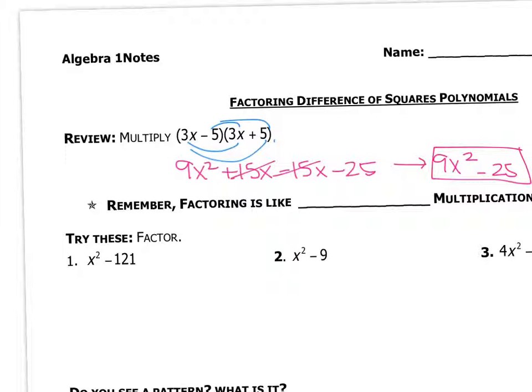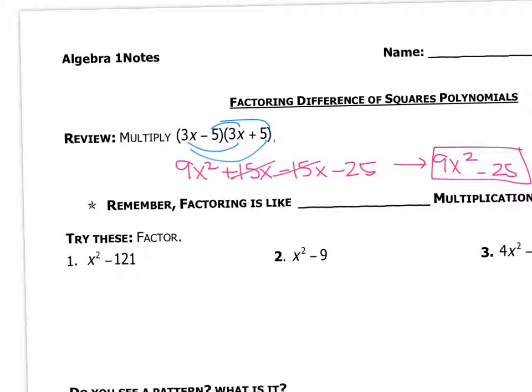They're kind of like the same. We have the 3x in the first two spots. We have a 5 in the second two spots. And what's different? Yeah, one's a minus and one's a plus.